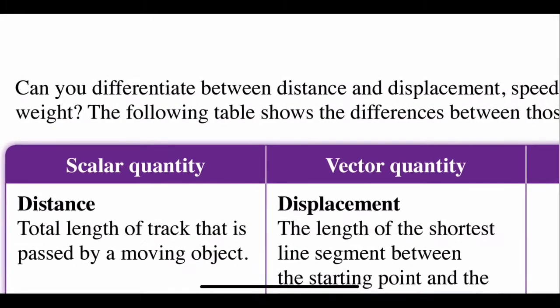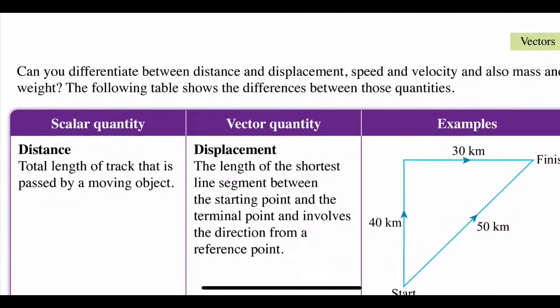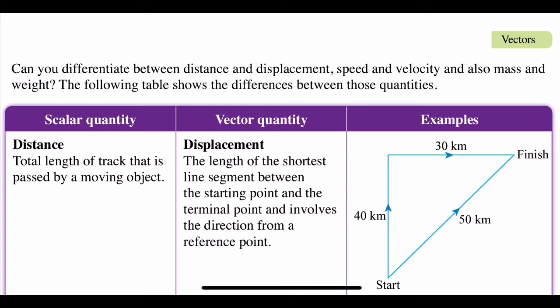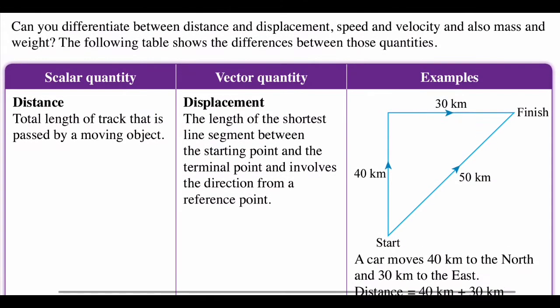So, can you differentiate between distance and displacement, speed and velocity, and also mass and weight? The following table shows the differences between those quantities. Scalar quantity, for example distance, is the total length of track that is passed by a moving object.